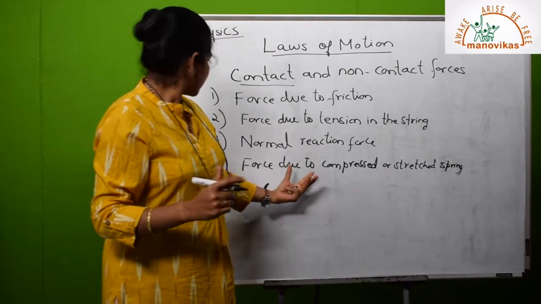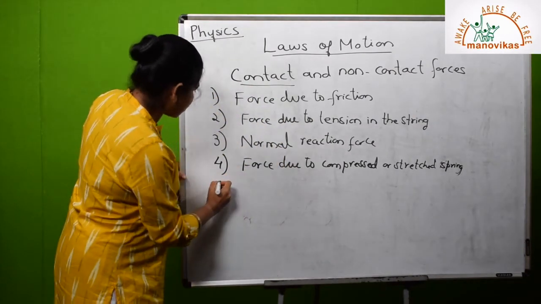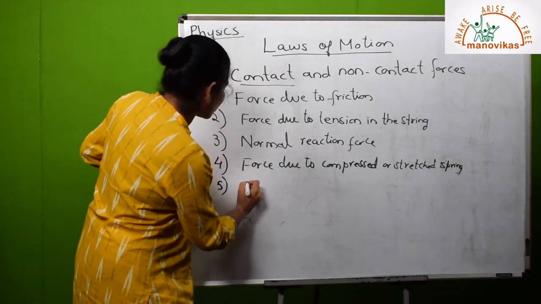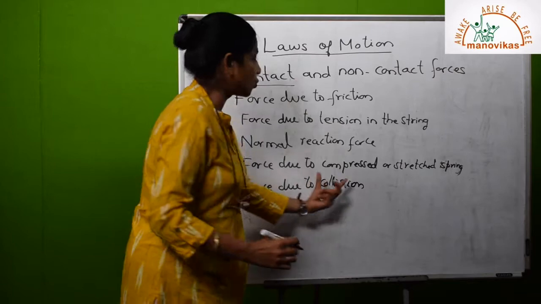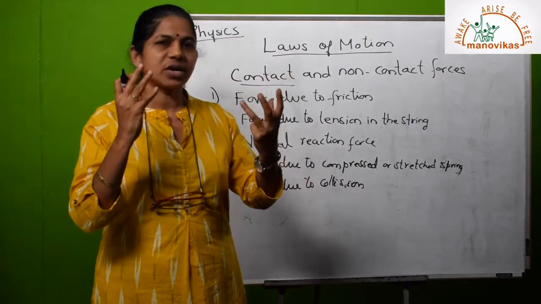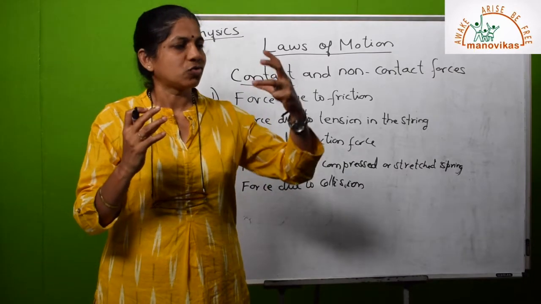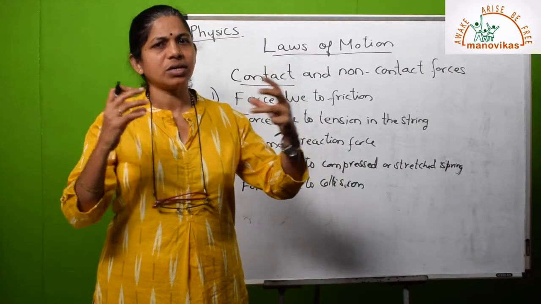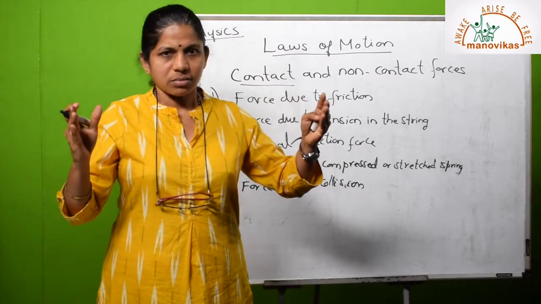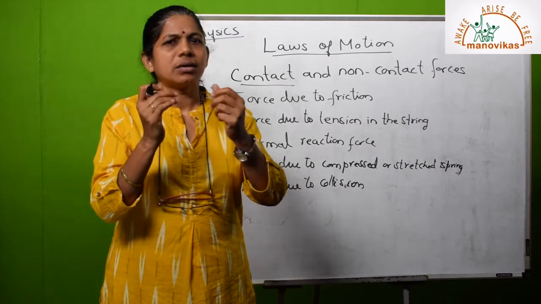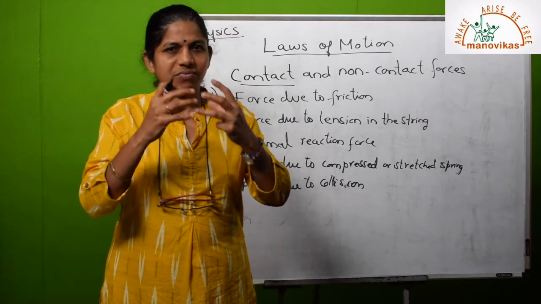Right? And another example would be force due to collision of two objects. Now there are two objects, object 1 and object 2. When they both are moving in opposite directions, they will move with some velocity. After hitting, some momentum will be transferred.